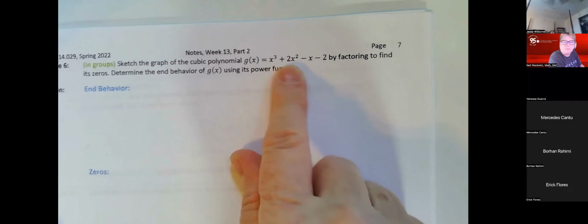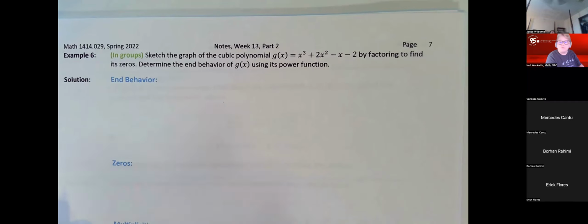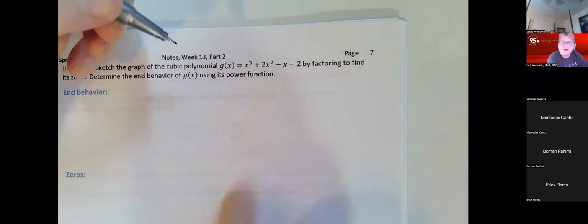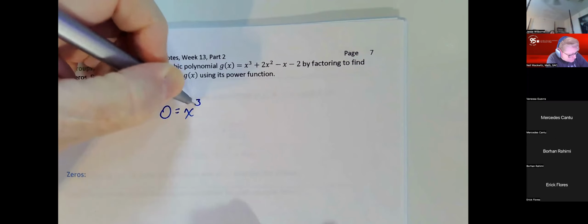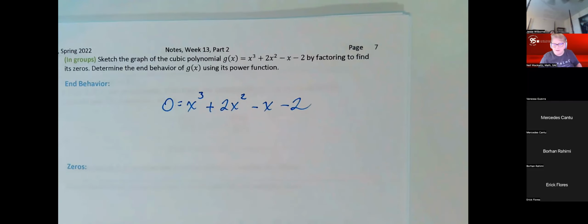So we did not do this example for y'all to do. But let's go ahead and look at it real quickly, at least the factoring part. If we have 0 equals x cubed plus 2x squared minus x minus 2, how many terms do we have? Four.